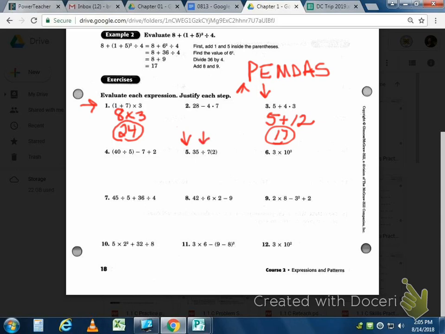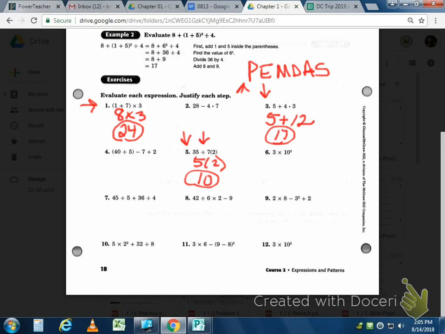So what's 35 divided by 7? How many times does 7 go into 30? That's 5. And then 5 times 2. 10.